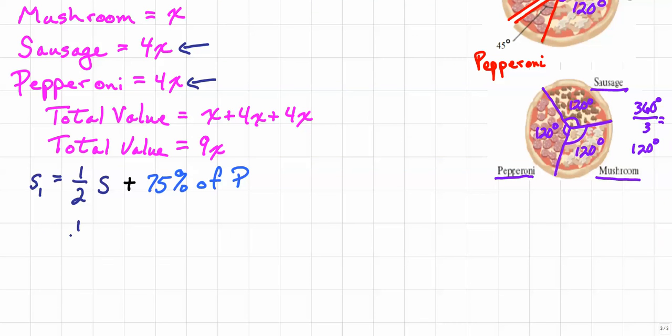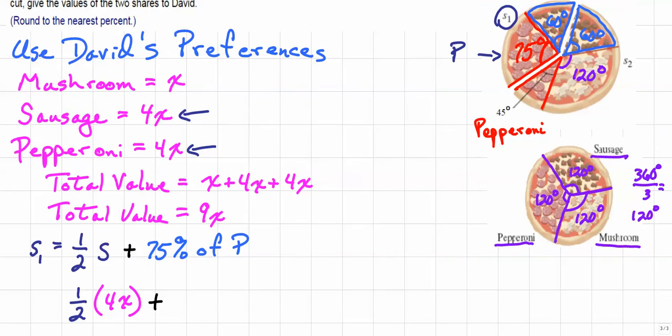We're going to have 1/2 times the value of the sausage, which is 4x. And we're going to add to that 75% of the pepperoni. And I have to apologize for that. I said 75%. That should be 75 degrees of the pepperoni. And that's why I was talking about 60 degrees over 120 degrees. So 75 degrees of the pepperoni.